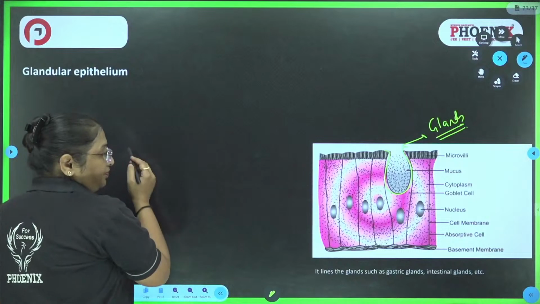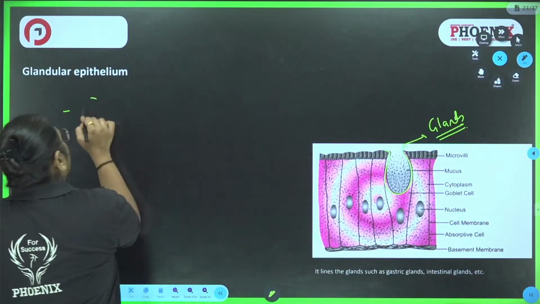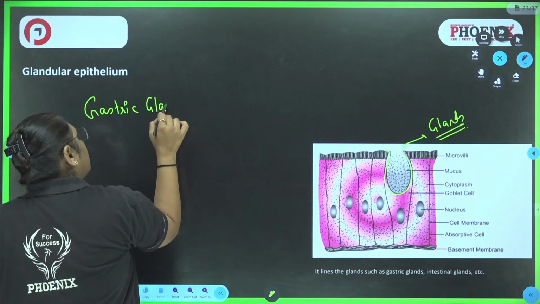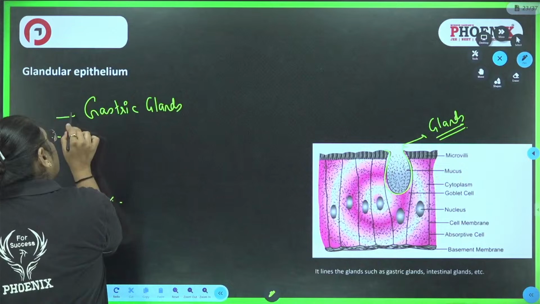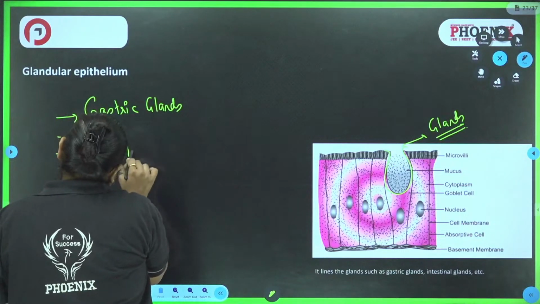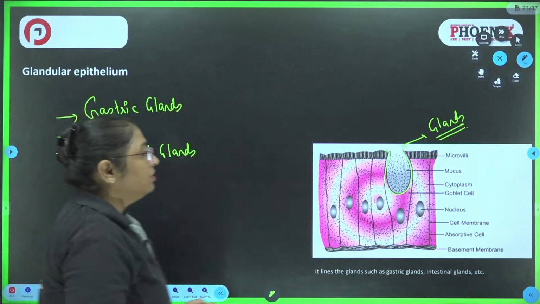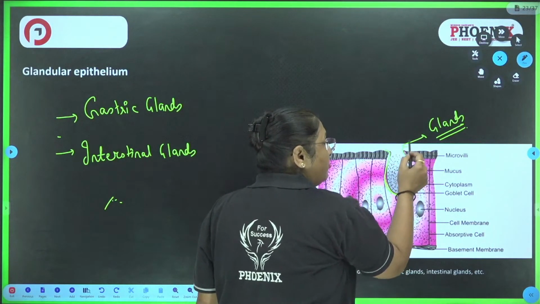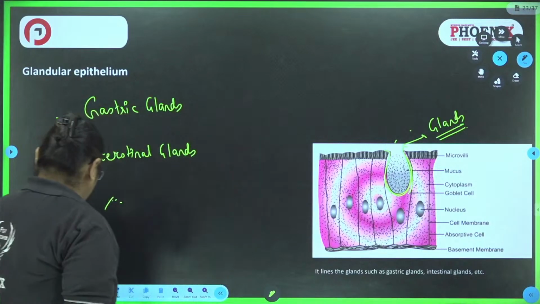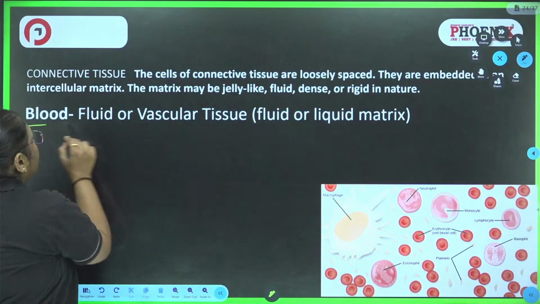For example, gastric glands and intestinal glands. So when an epithelium has a fold like this, it forms glands, and they help in the secretion of hormones or any chemical substances.